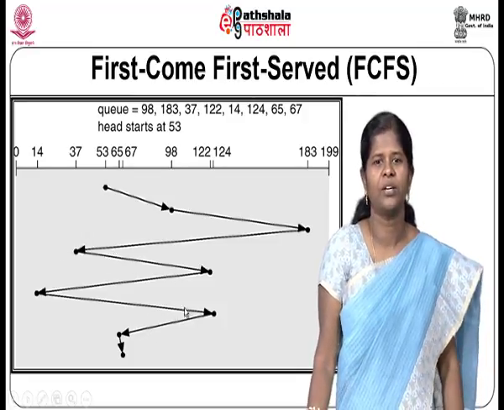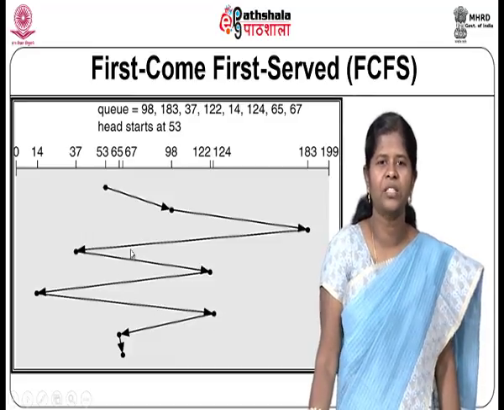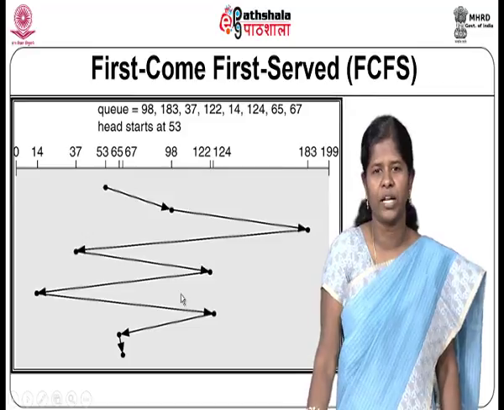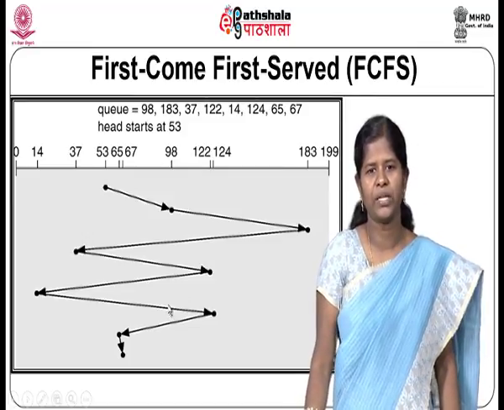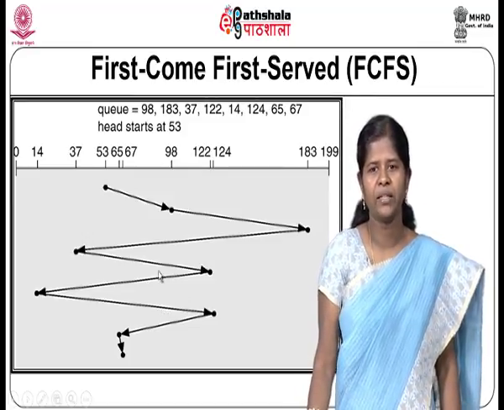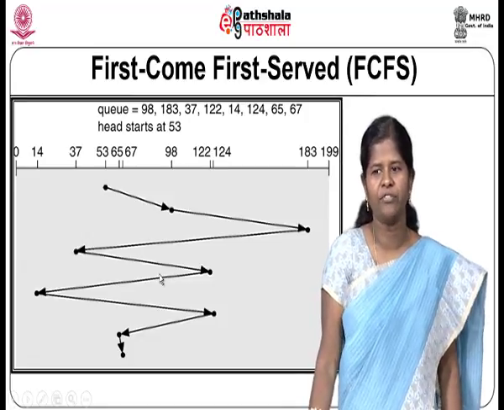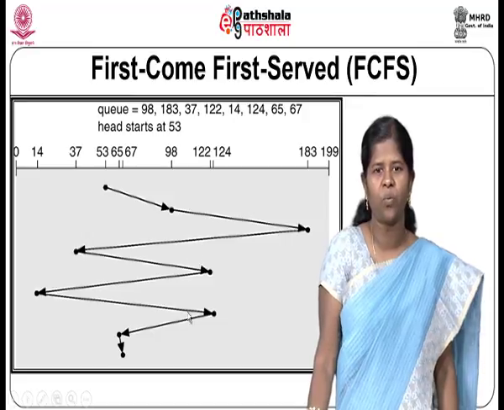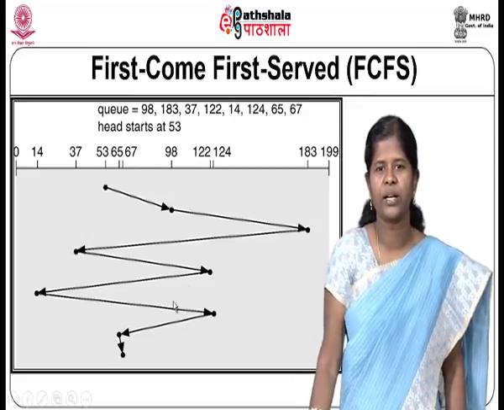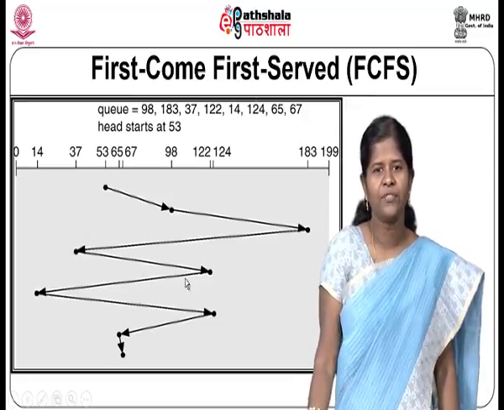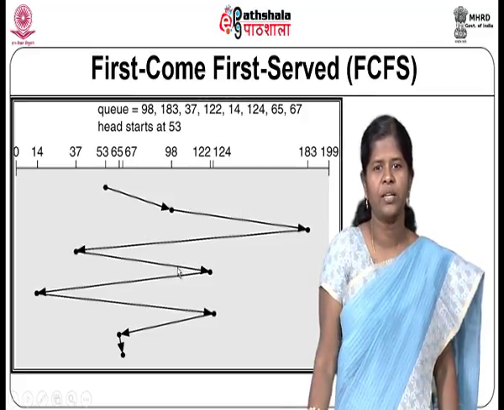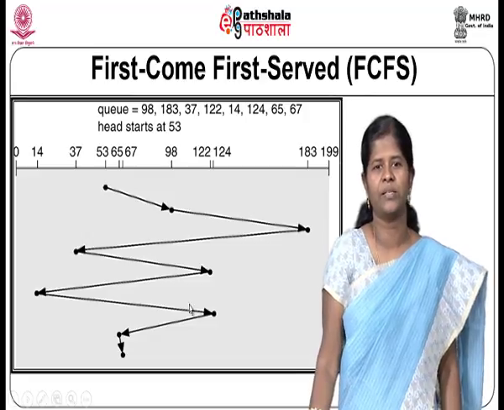So, here you see that the head is moving a lot, back and forth. Rather than doing this, if the head is moving only close to the current head position, and if it is servicing all requests that are close to the current head position, then you can reduce the seek time.